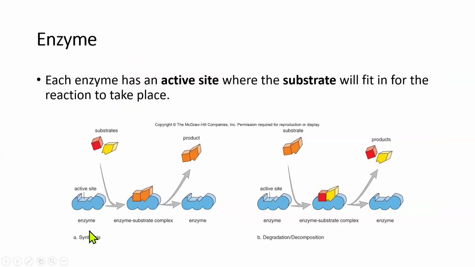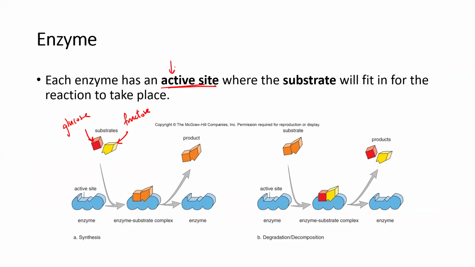So let's take a look at this picture here. We have an enzyme over here, and we have some substrates. So for example, let's just call this glucose, and then we will call this fructose. All right. So in the enzyme, there is an active site. Okay.